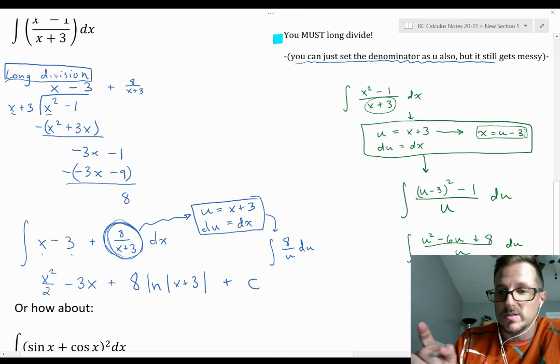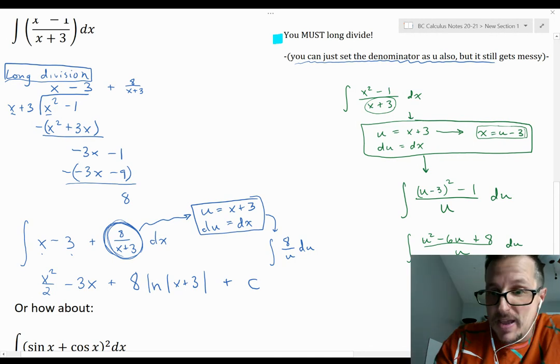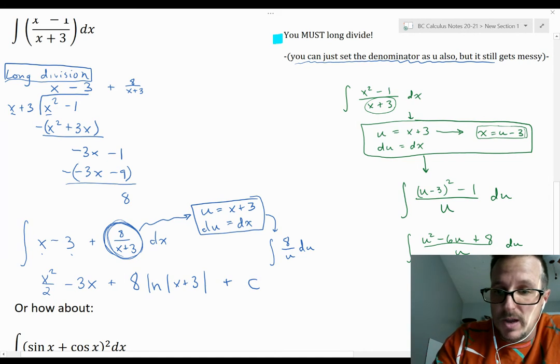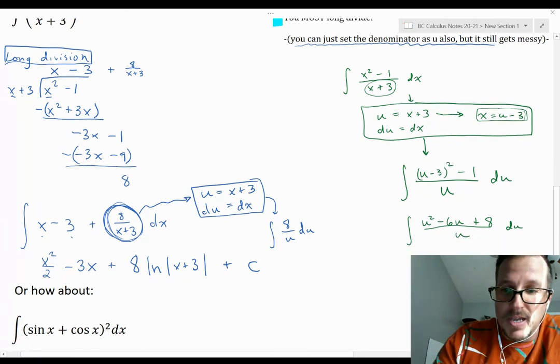So here's what's cool about this, is that if I have a bunch of terms over one single term, I can just divide and conquer. So I can rewrite this as u minus 6 plus 8 over u du. Now things are starting to look familiar, because I can integrate each one of these terms easily.